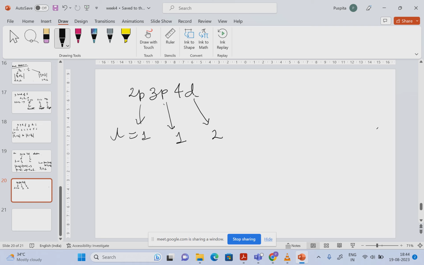L1 is equal to 1, L2 is equal to 1, L3 is equal to 2.